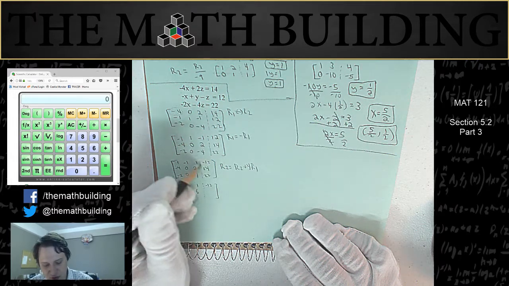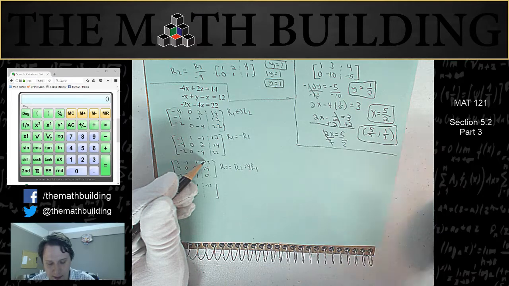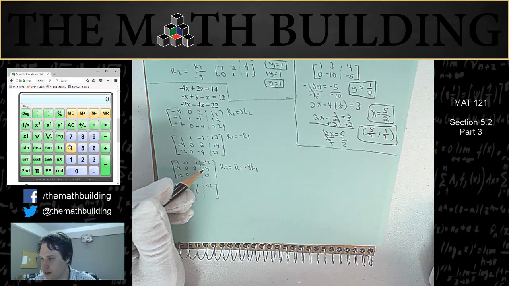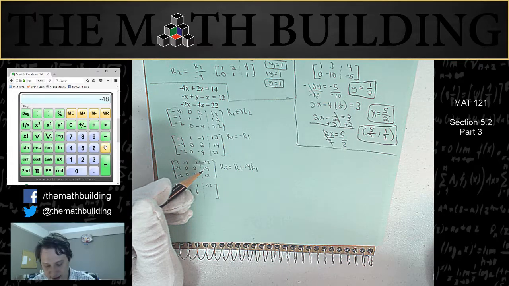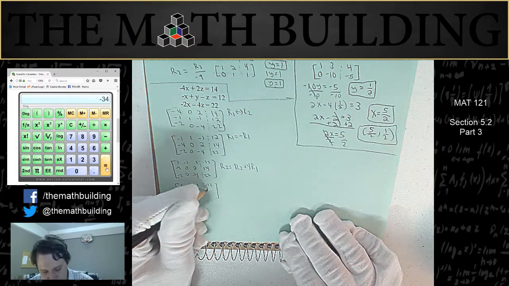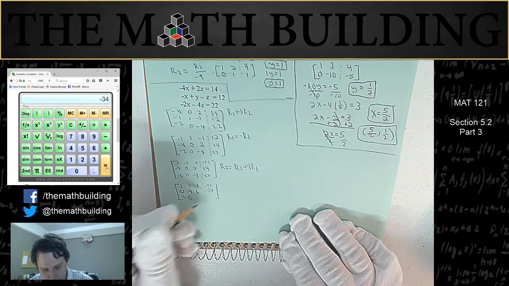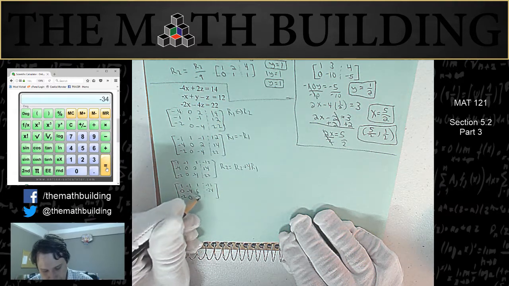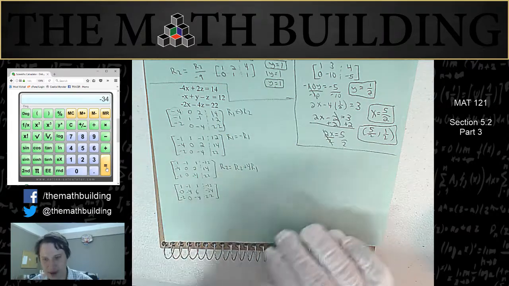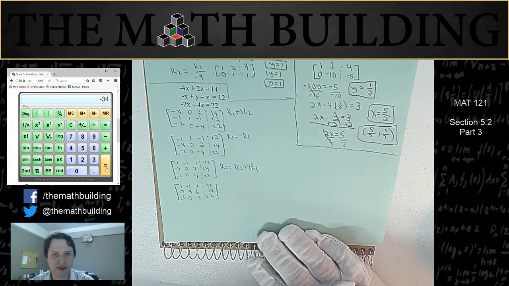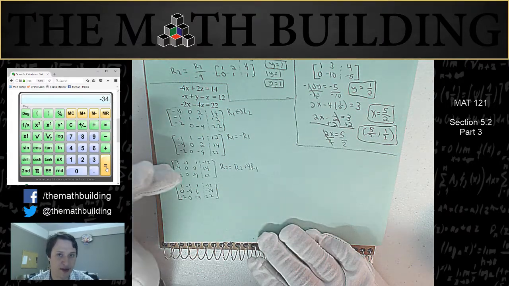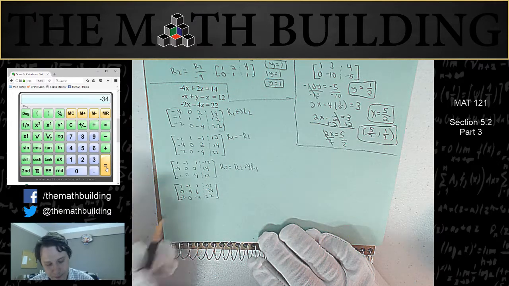And then don't forget to do it also over here. -12 times 4 is -48, and -48 plus 14 equals -34. Row 3 stays the same. If that didn't make sense, you should go ahead and re-watch that until it makes sense.